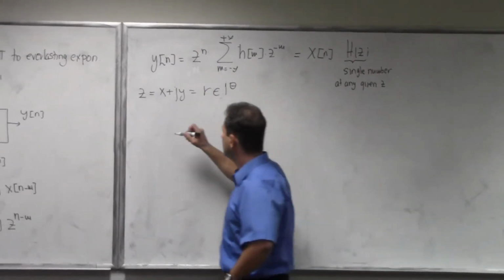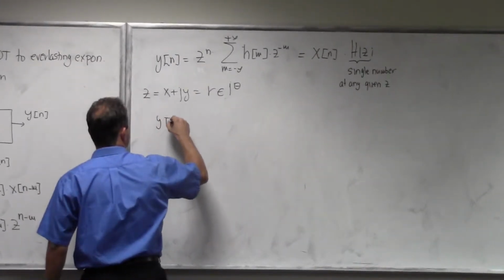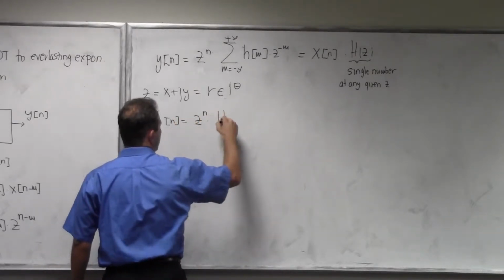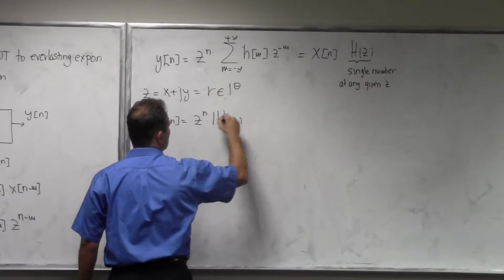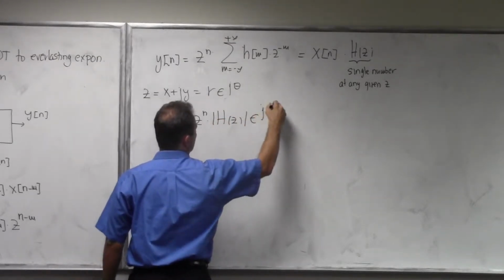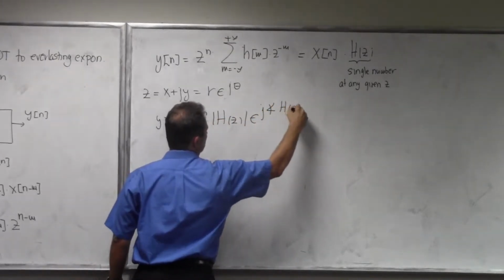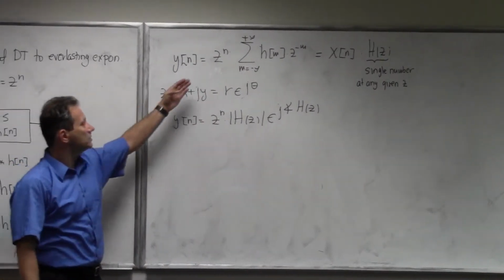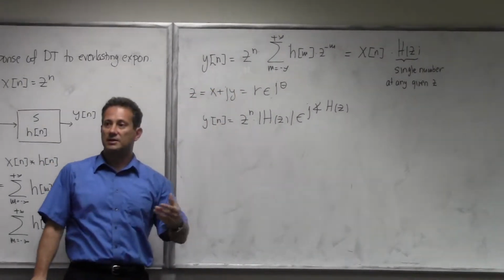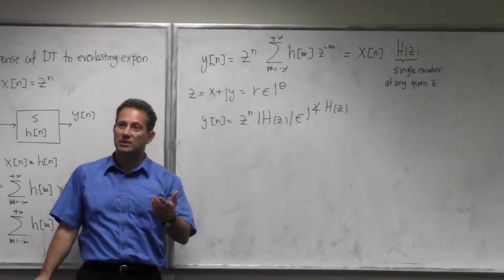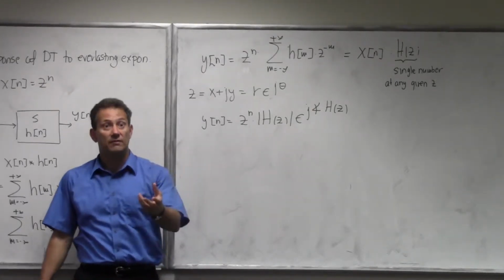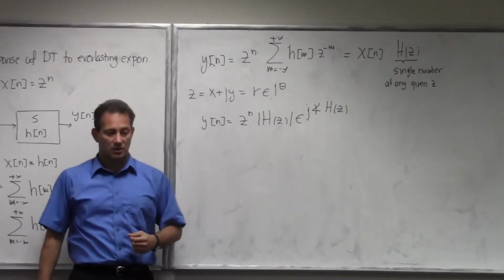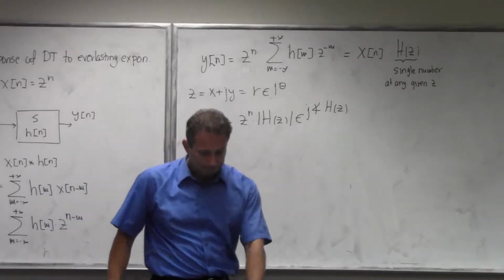So I can write this y of n as z to the n, times the magnitude of h of z, e to the j angle h of z. So what happens is when this function z to the n is special, in a sense that when you present this function to the discrete time system, you get the same function back, just scaled by some magnitude and changed by some phase.